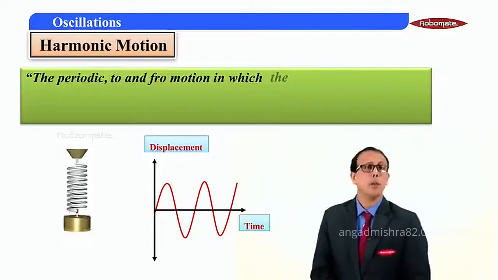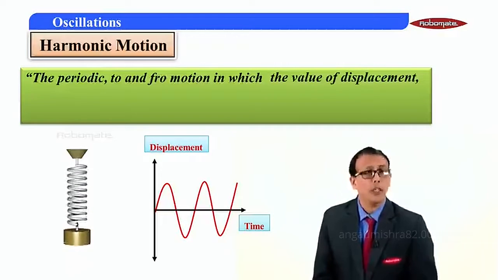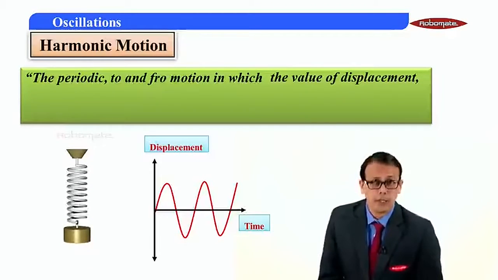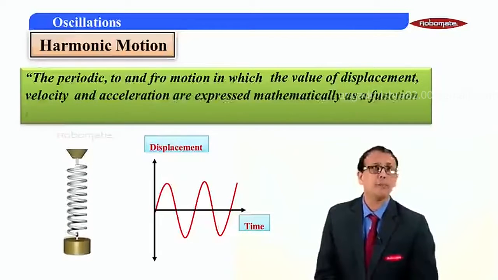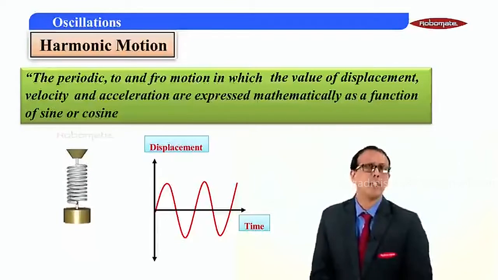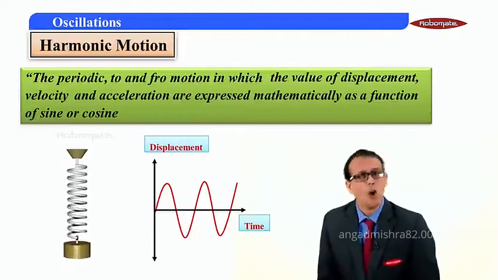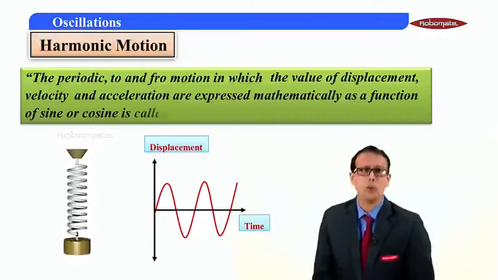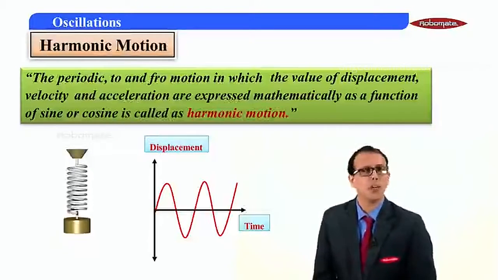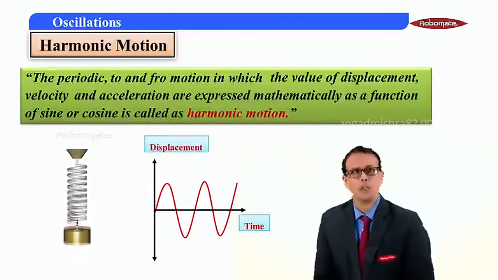So the periodic to and fro motion in which the values of displacement, velocity and acceleration are expressed as a function of sine or cosine. Here it was sine, it can be a cosine curve also. Then those motions are called harmonic motions.